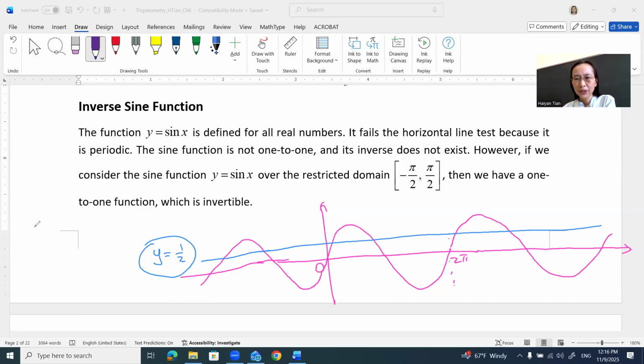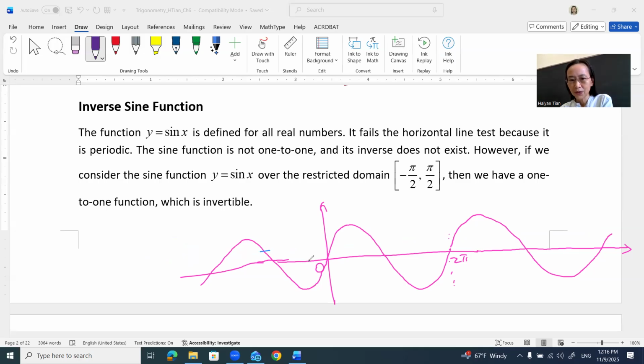We know there is a sufficient condition for a function to be one-to-one. So let's restrict the function to a sub-interval of the real number line to make it one-to-one.